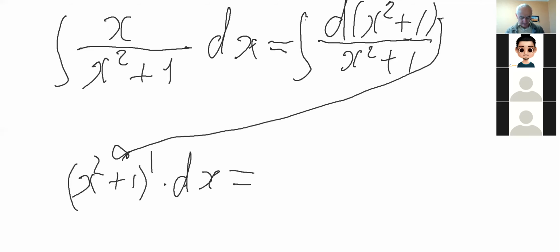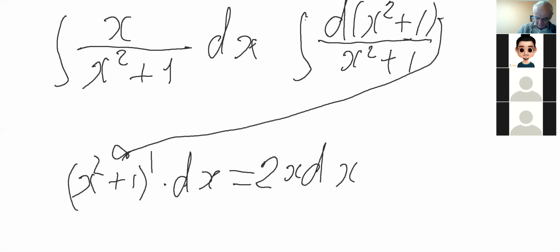So here we have 2 times x dx. But if I compare with the left side, we can notice that we miss a coefficient. I think this coefficient is 1/2.